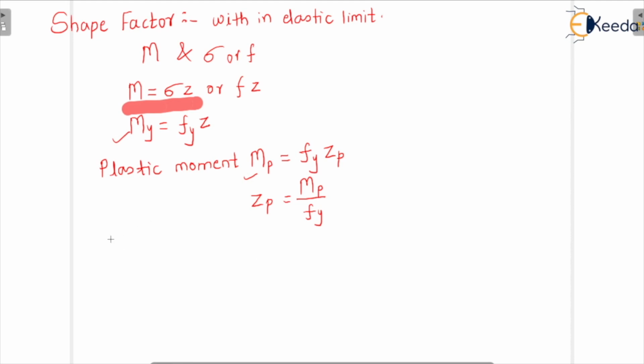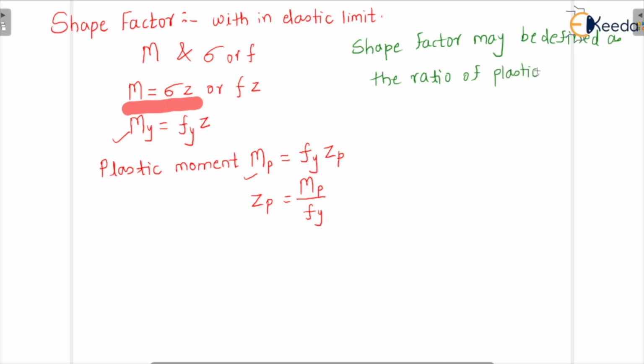can be defined as the ratio of plastic moment capacity to the yield moment.